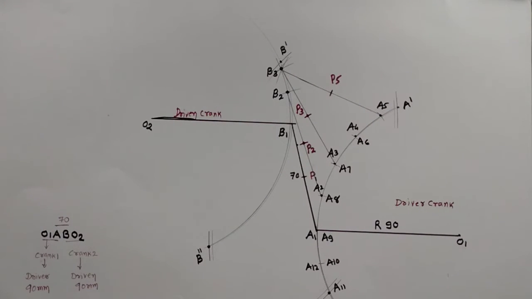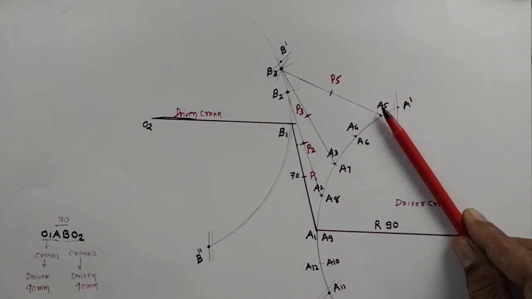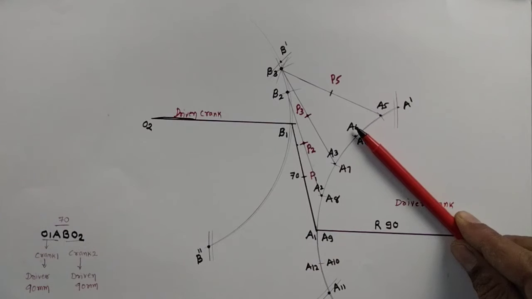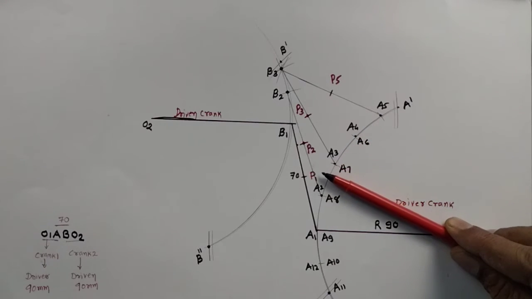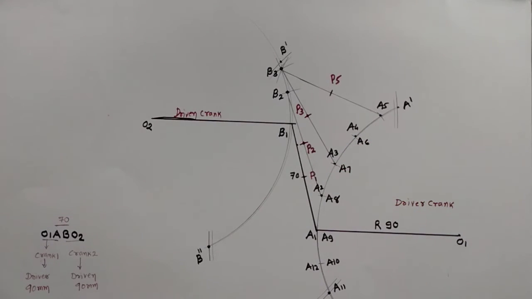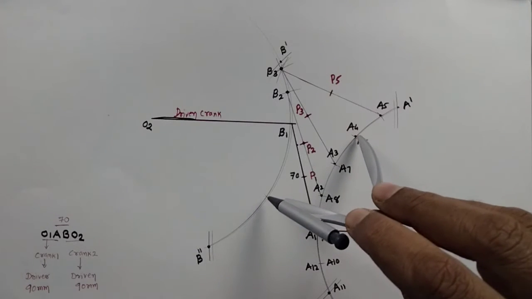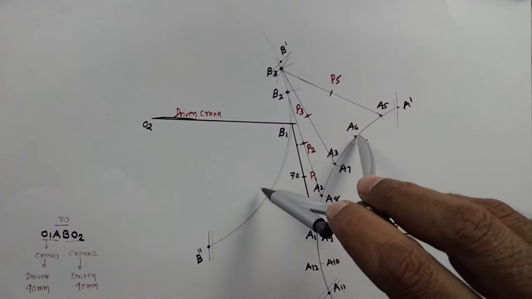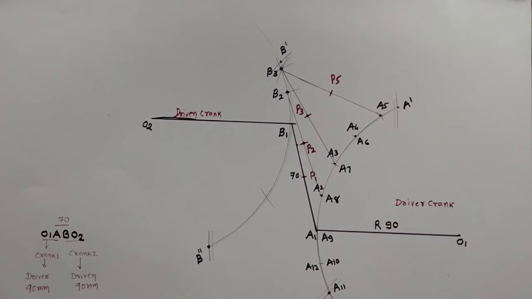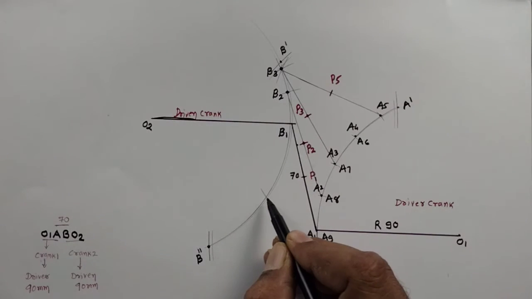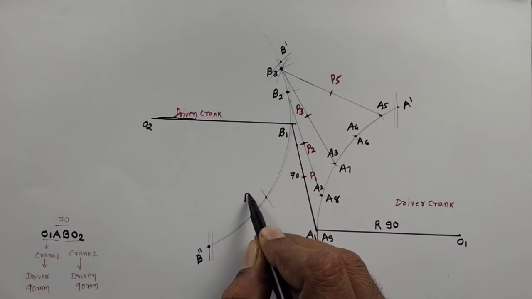Now from P5, your crank is moving in the downward direction. So keeping A6 as the center, we draw the arc in the downward direction. So this is our B6.